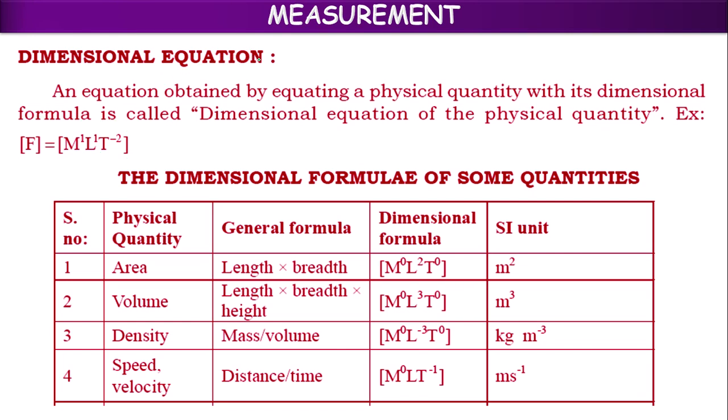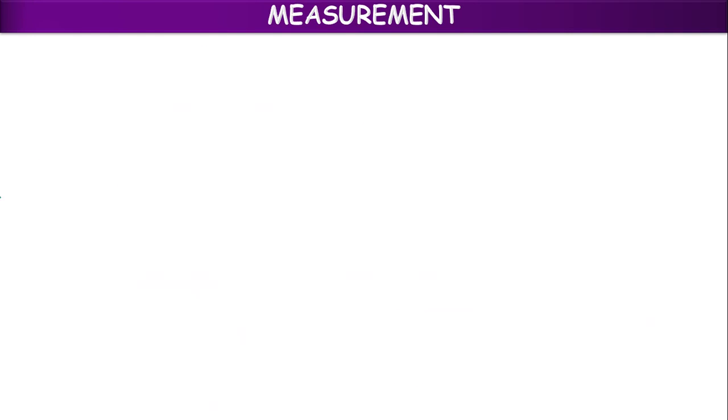Here we have dimensional formulae for some quantities: area, volume, density, speed, velocity. What is the dimensional formula of area, children? Area means the main formula is length into breadth.